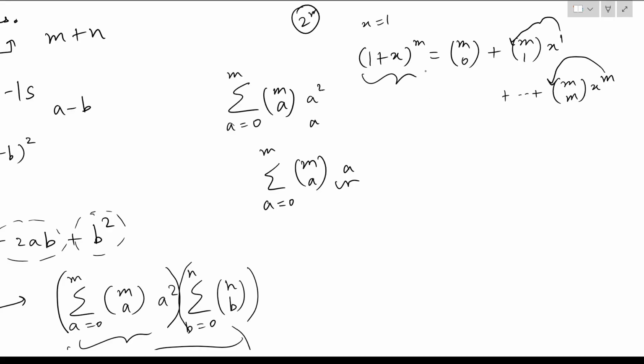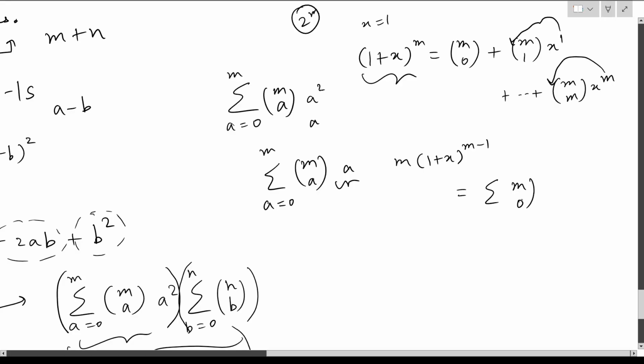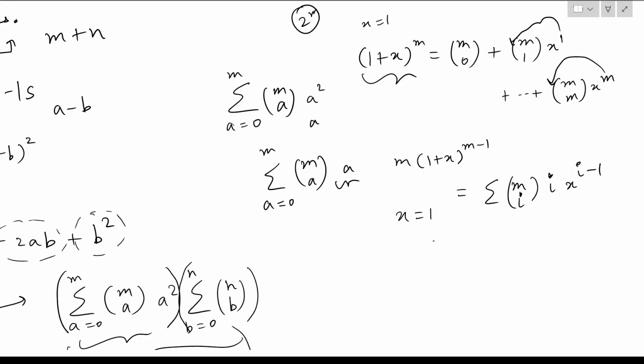So in particular, if we differentiate this, we get m times 1 plus x to the m minus 1, and this is equal to the sum of m choose i times i times x to the i minus 1. And in this, we can simply set x equal to 1. And that tells us that this sum is equal to m times 2 to the m minus 1.